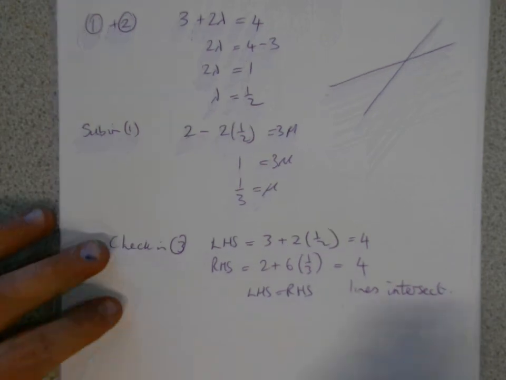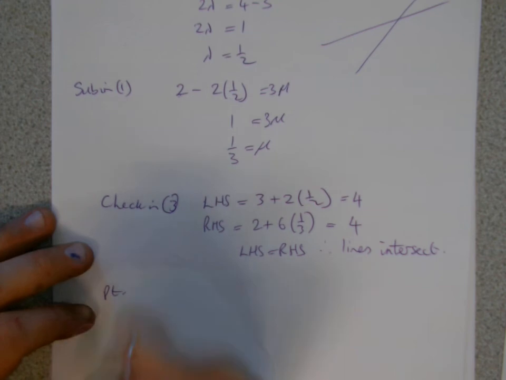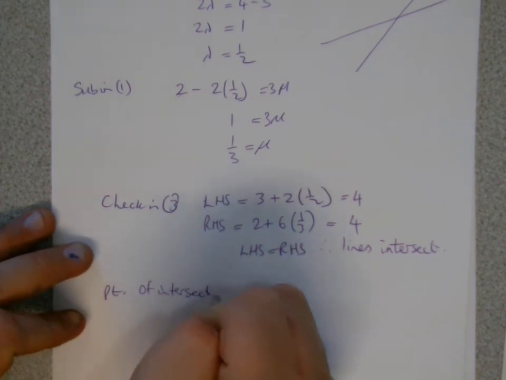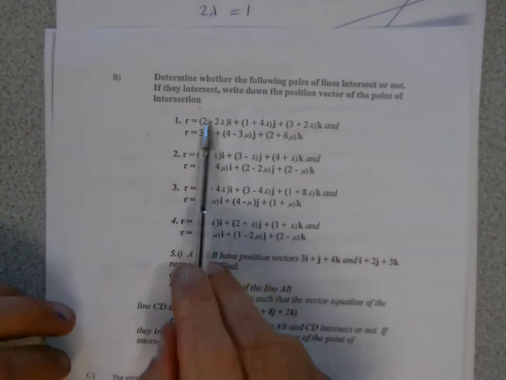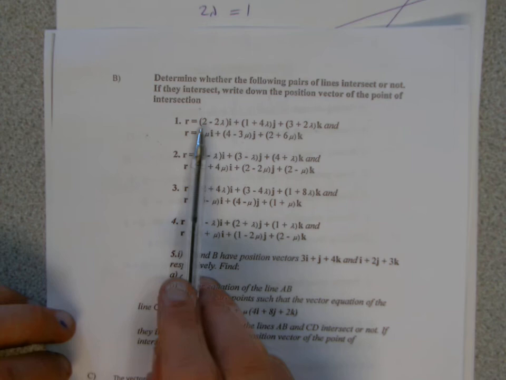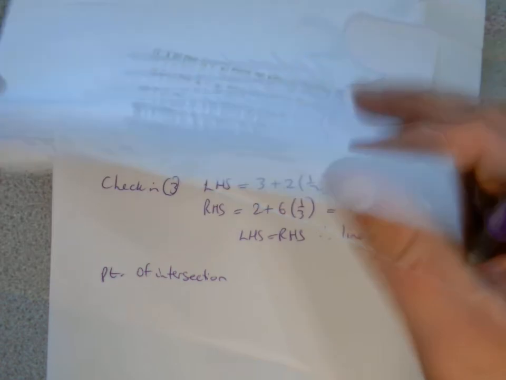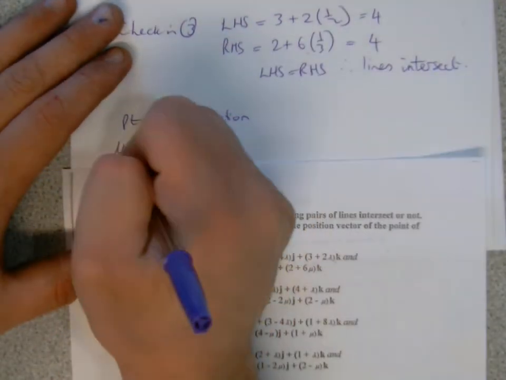Now, you need to work out the point of intersection. To get it, we just sub our lambda or mu back in here. It doesn't matter which one you use, you can put it in the first one or the second one. I'm going to put mu into the second one, because it looks slightly easier to work out. So mu is a third, remember?